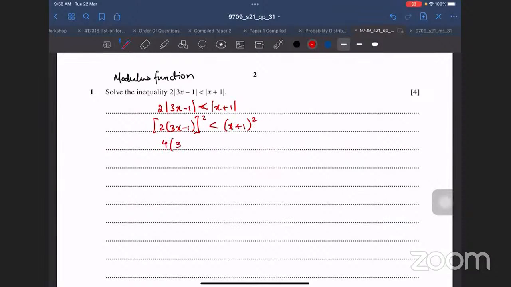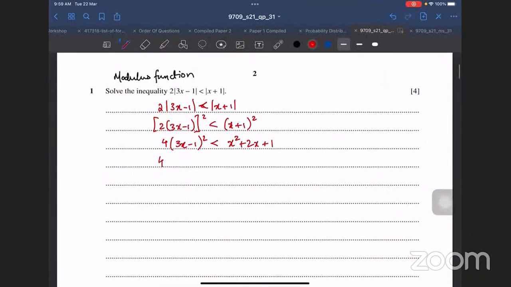This becomes (4x minus 1) whole squared equals (x squared plus 2x plus 1), so 9x squared minus 6x plus 1 equals x squared plus 2x plus 1, times 36x squared minus 24x plus 4 equals x squared plus 2x plus 1.